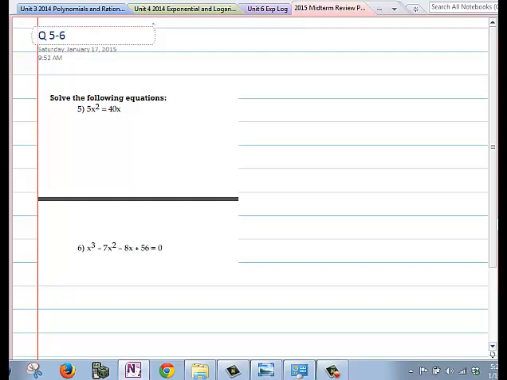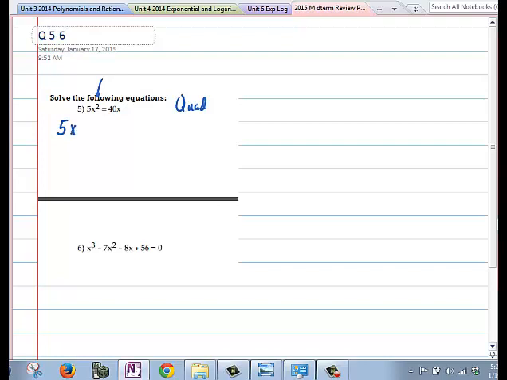For example, on number 5, it's a quadratic equation. You've spent probably most of your teenage life solving quadratic equations, and when you see that it's degree 2, you really want to solve it as a quadratic, not as a linear function. Quadratics are always solved where you bring all the terms over to one side.